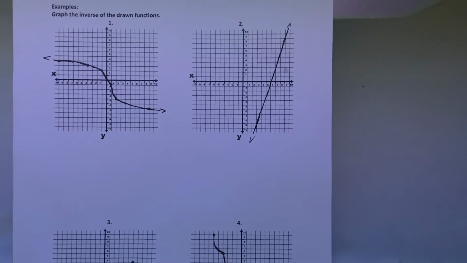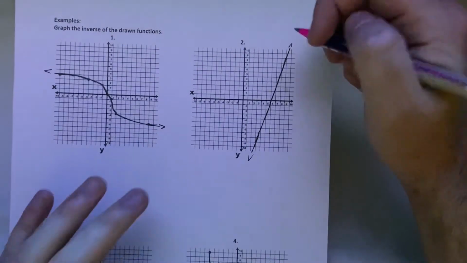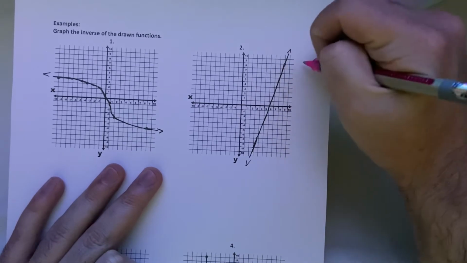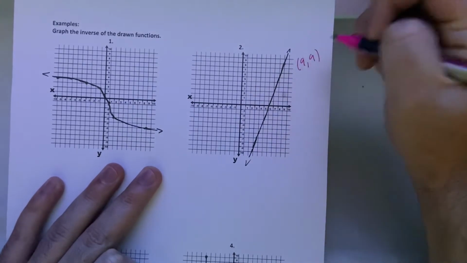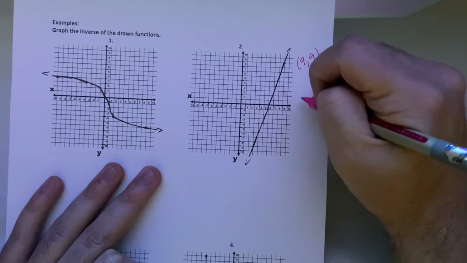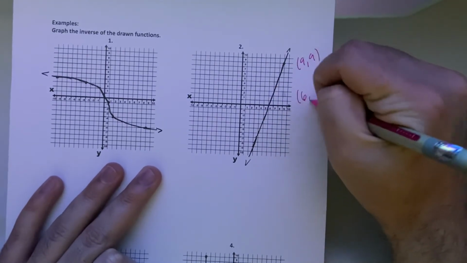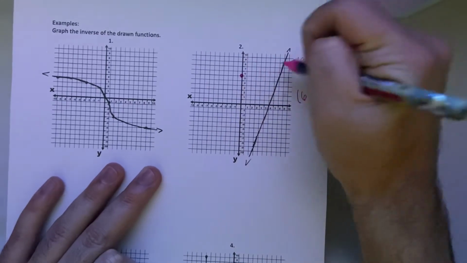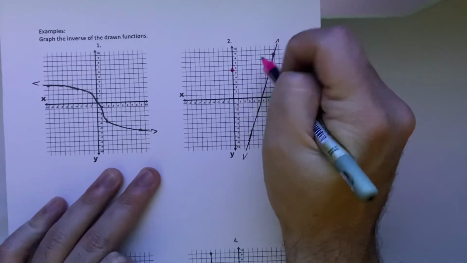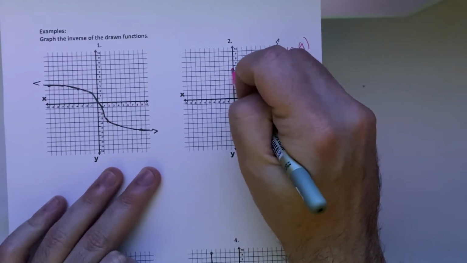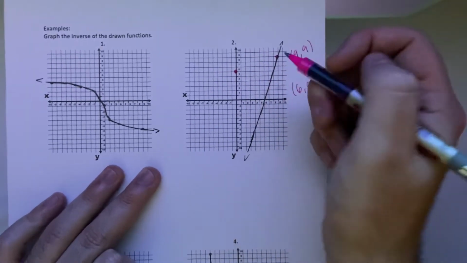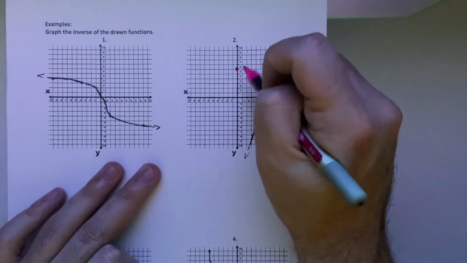Let's look at the line on number 2. So for example, it goes through the point here. Looks like (9, 9) up there. Since it's a line, we only really need one more. It looks like we have the point (6, 0). I can reflect (6, 0) to (0, 6). (9, 9) is still (9, 9). But again, to connect a line, remember you only need 2 points.